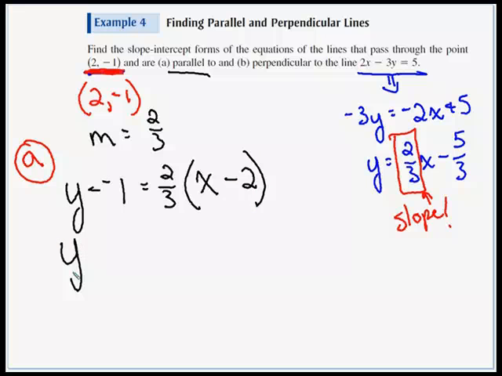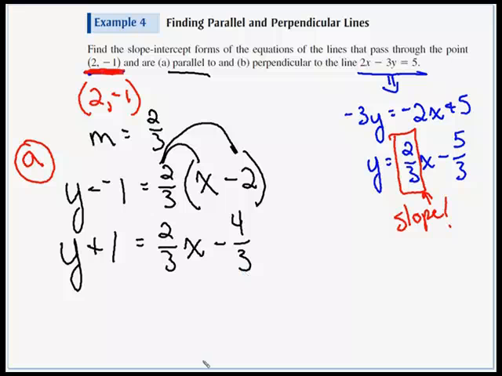So on the left, y minus a negative 1 becomes y plus 1 equals, we'll distribute that 2/3, 2/3 x. 2/3 times negative 2 will be minus 4/3. And our last little step, let's subtract 1 from each side. y equals 2/3 x. We're going to subtract 1 from each side, and another way to write 1 would be 3/3.